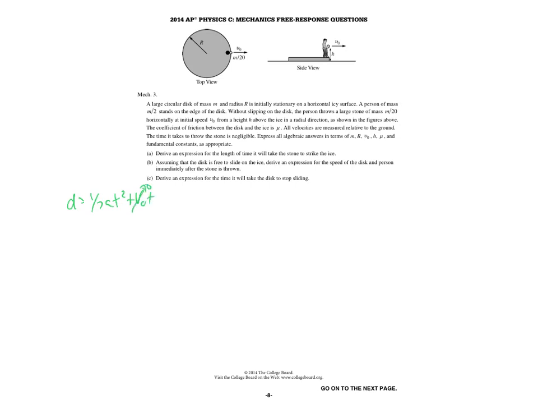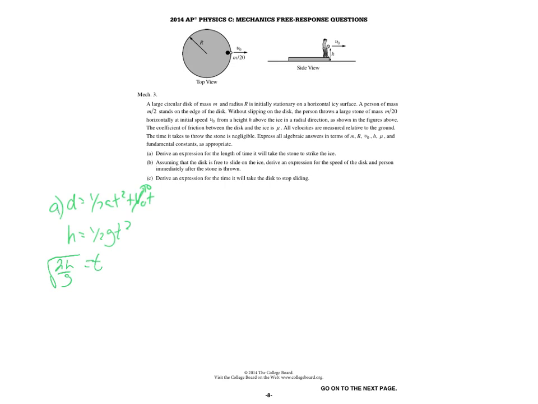Notice that since it's horizontal, that value is 0, and then basically h is equal to 1/2 gt squared. Solve for t, and t would be equal to the square root of 2h over g. And so you got your first answer there.